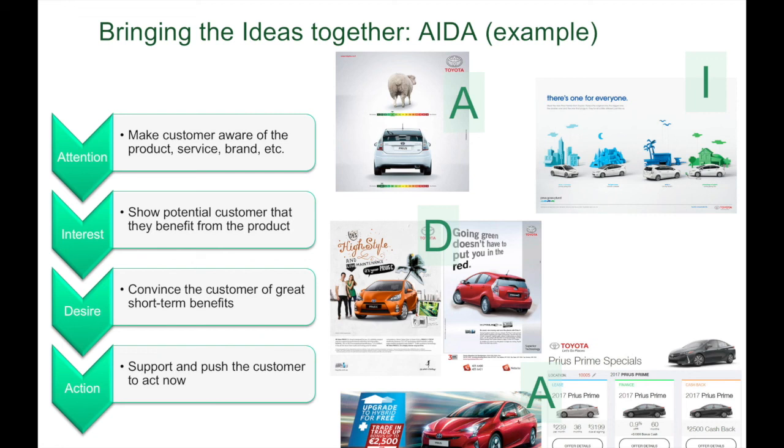And then through the desire advertising and the action advertising, as well as offerings, so the website where I can actually see those different Priuses, the customer walks through this cycle of getting from unknown individual to an actual paying customer at the end.